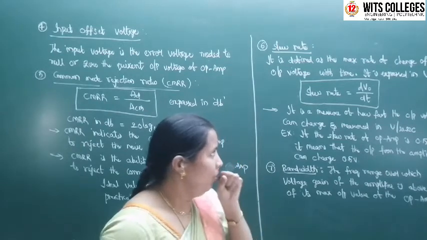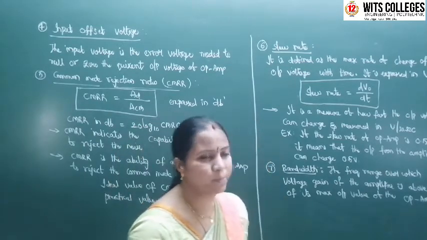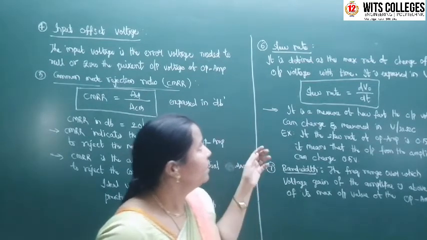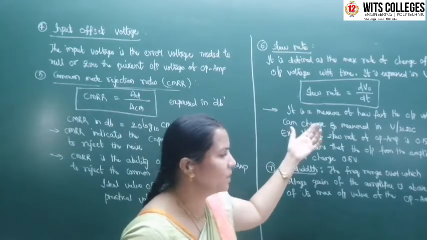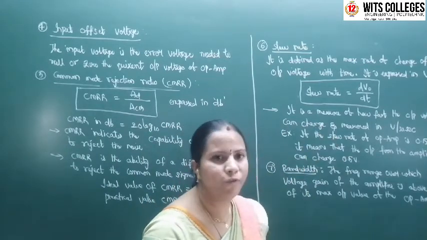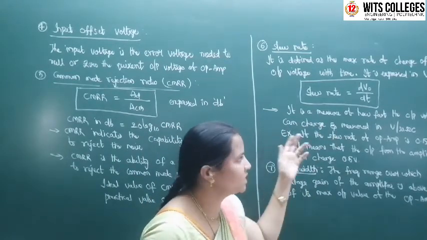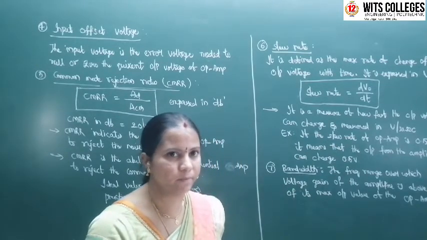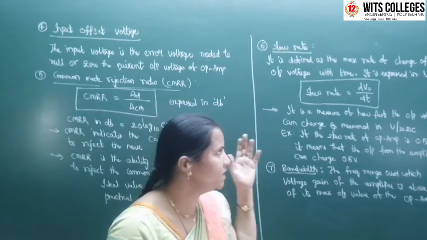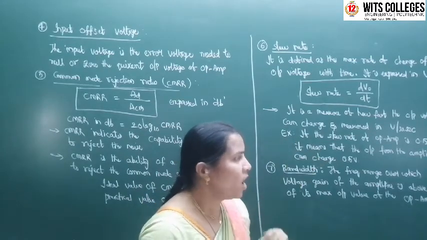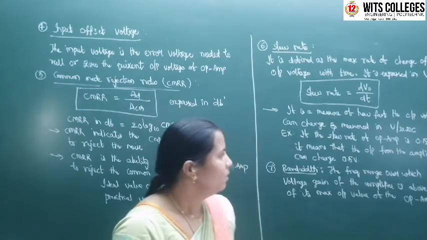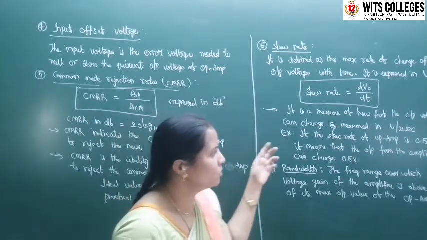So the slew rate is expressed in volts per microsecond. Slew rate is a measure of how fast the output voltage can change, and it is measured in volts per microsecond.